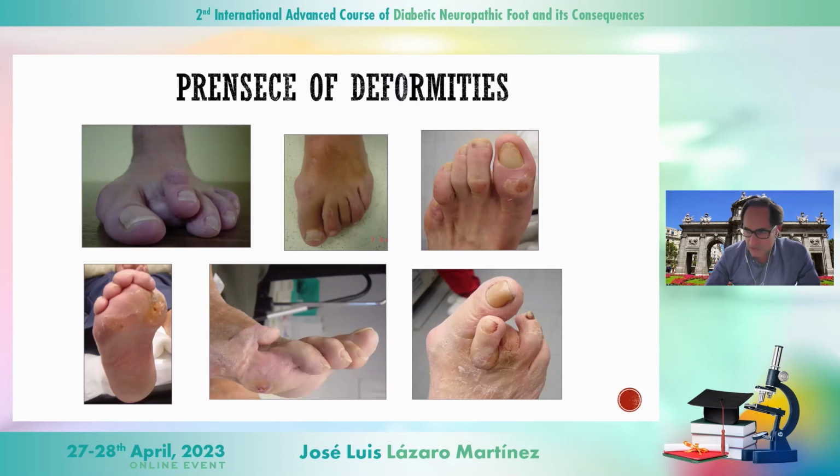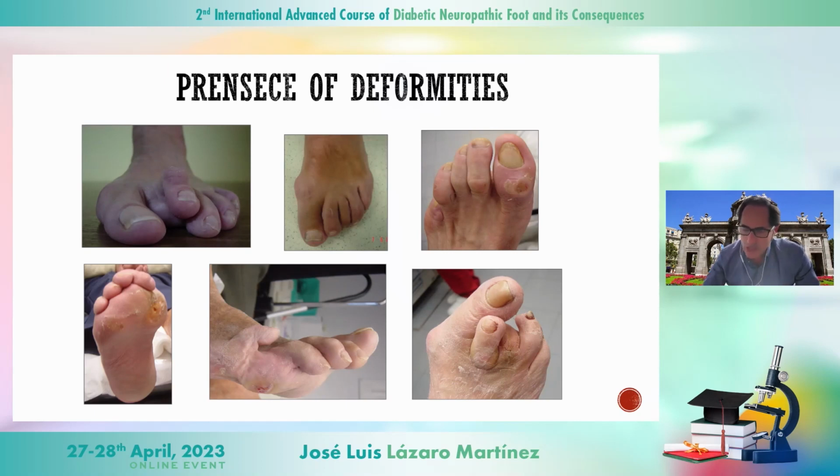Remember, diabetic foot is very common in diabetes type 2. The average age at diagnosis of this kind of diabetes is around 50 to 60. And remember, take a look around your friends, your relatives, and your family.